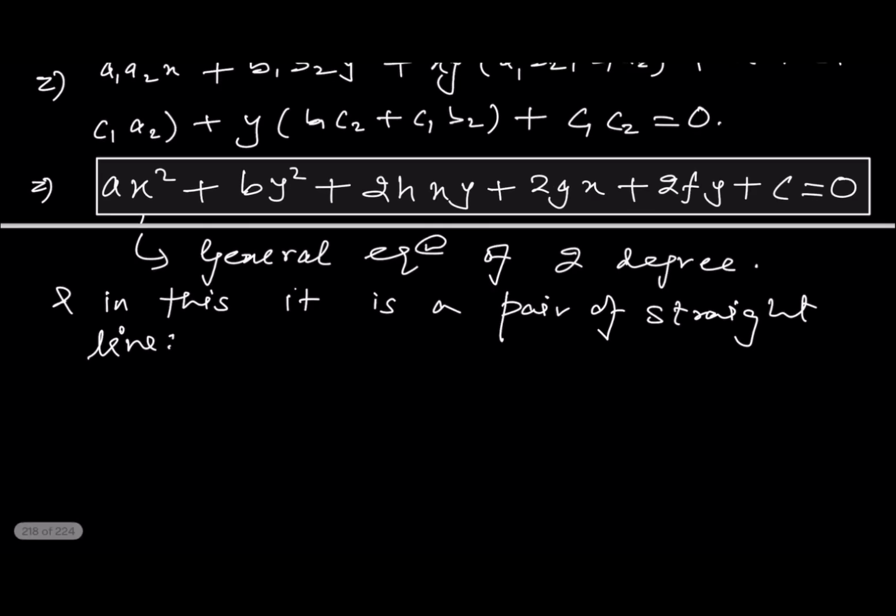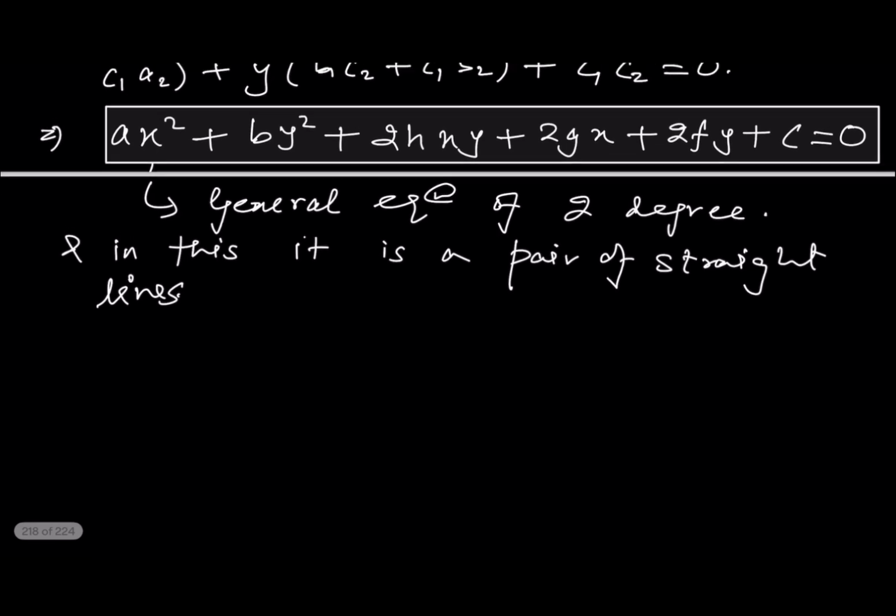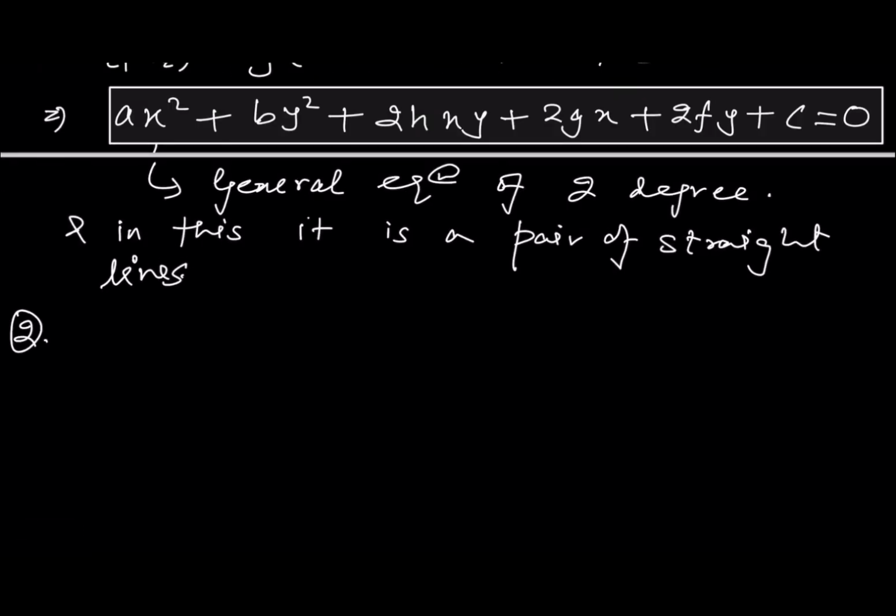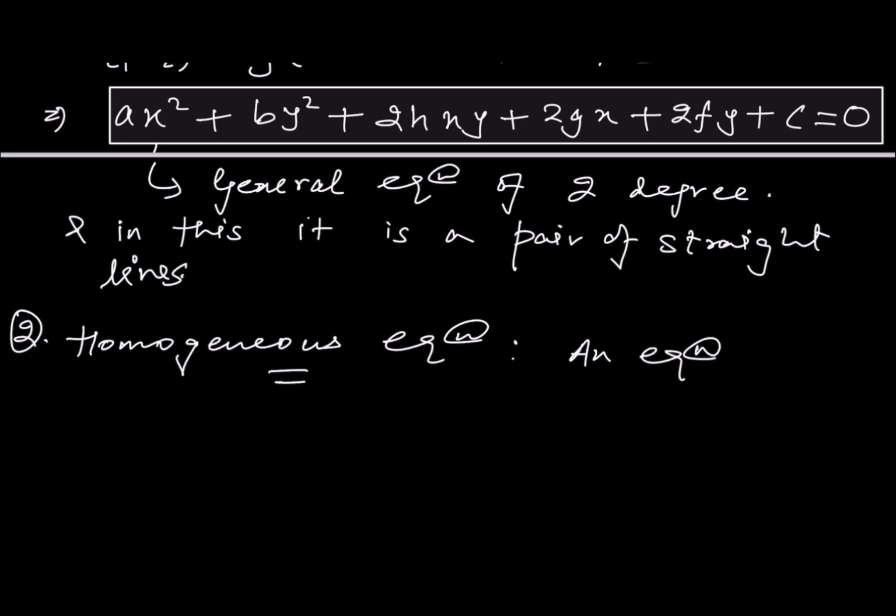Okay. Now, point 2: homogeneous equation. Homogeneous equation. What does it mean? An equation having equal degree of x and y.